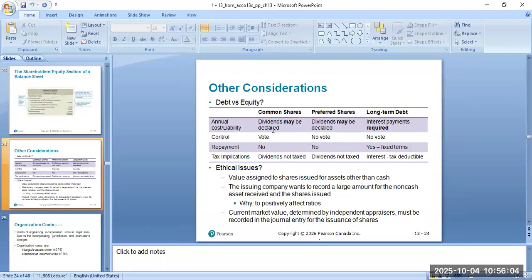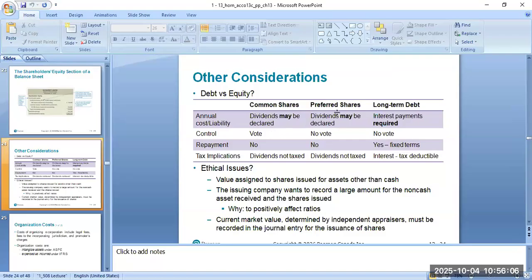First, if you issue common shares, for example, the company has no obligation to pay dividends. They're going to pay dividends only when they declare a dividend. The same goes for the preferred shares. However, if you borrow the money, you have to pay the interest. There is no option not to pay the interest.